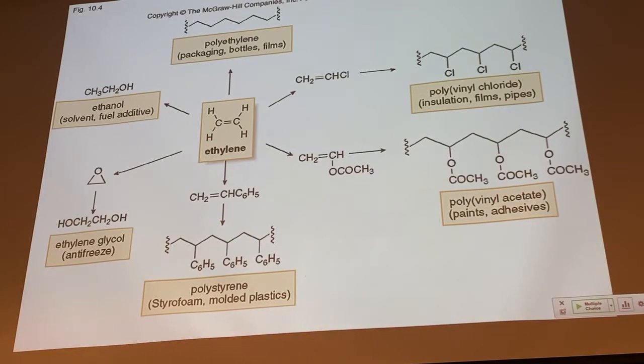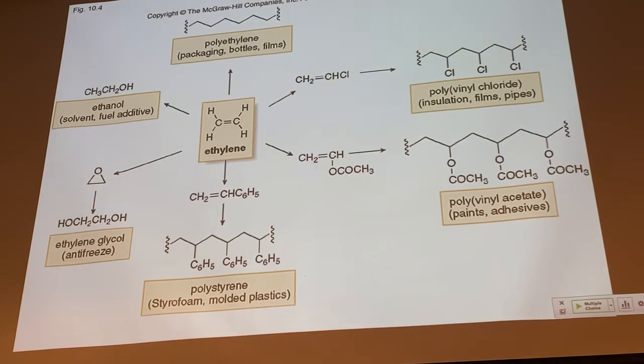And you might wonder where ethylene originates. It can be produced in the cracking process of crude oil. That's done in oil refineries, right? You can produce ethylene, and you can separate it out from the other components of crude oil. You can also use it to make ethanol and ethylene oxide, which goes to ethylene glycol.